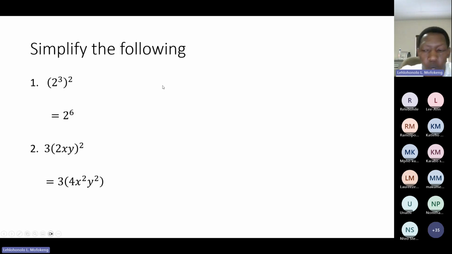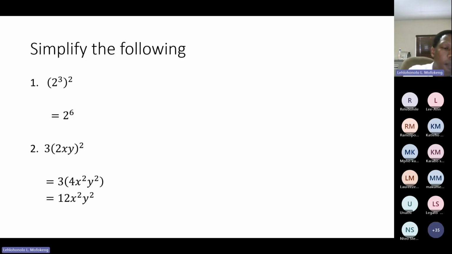So by this law, you need to multiply exponent 3 by exponent 2. Therefore, the answer will be 2 to exponent of 6.